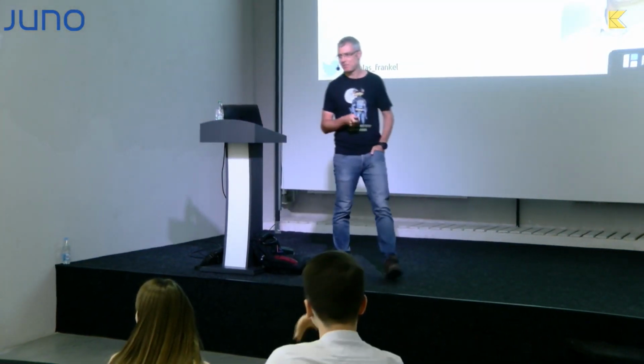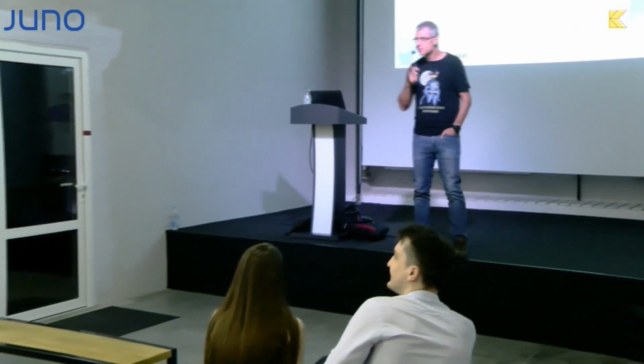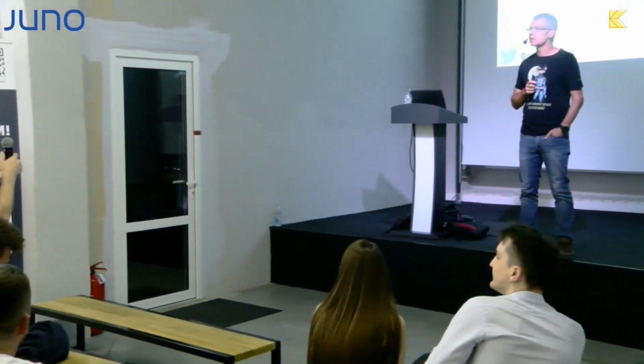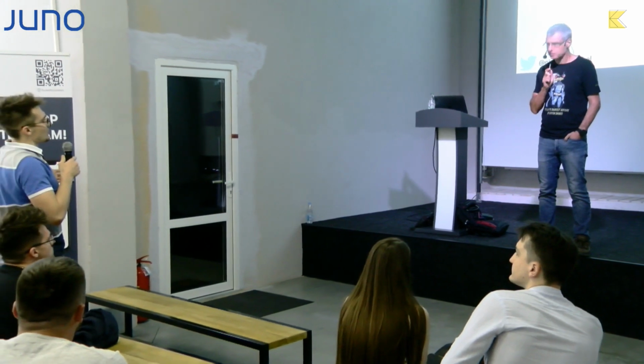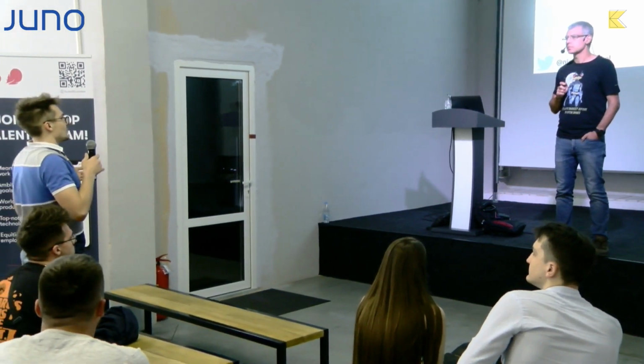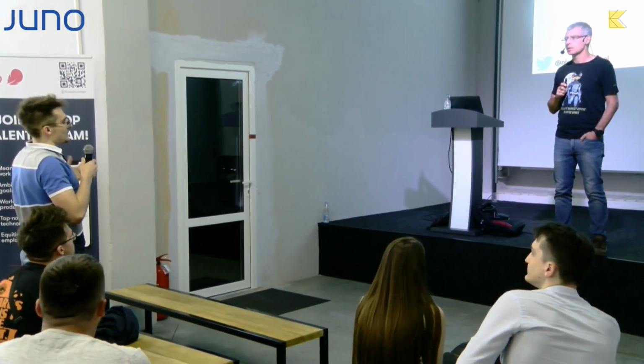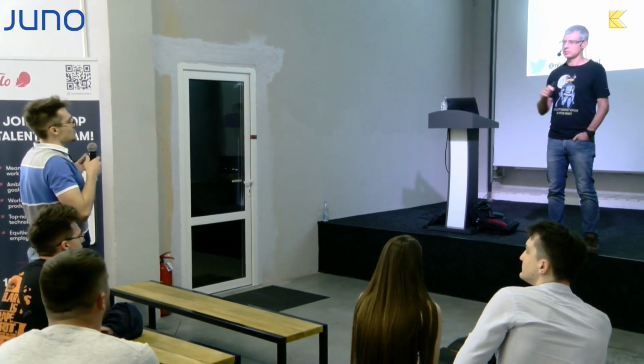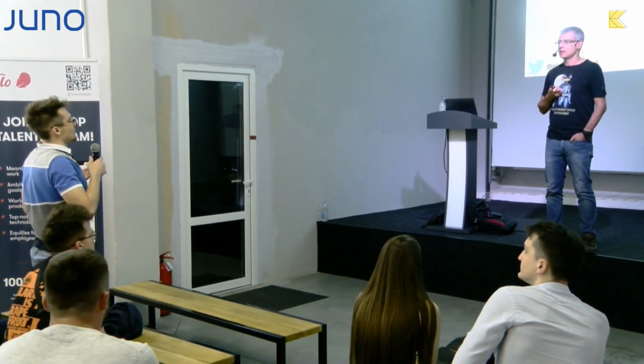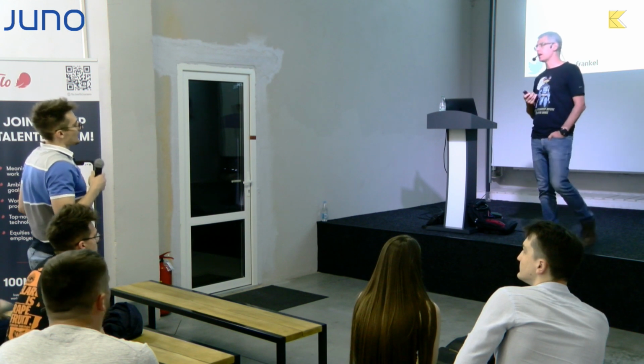Okay, so thank you for the talk, and I want to ask about GraalVM native image. You said that we need to provide some configuration to use reflection with native image. Are there any tools which can build this configuration for us? Yes.